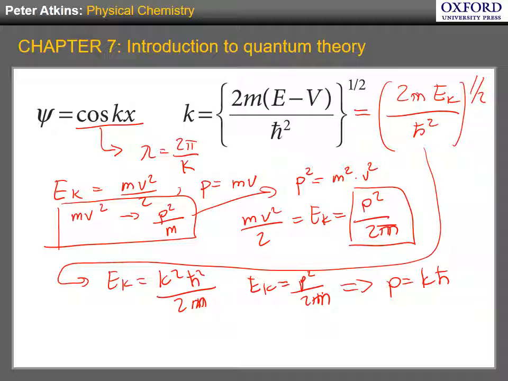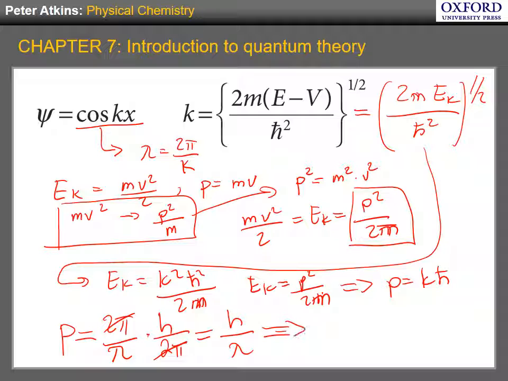Therefore, the linear momentum is related to the wavelength of a wave function by p equals 2 pi divided by lambda times Planck's constant divided by 2 pi. The 2 pi's go away. We have h divided by lambda, which is the de Broglie relation.